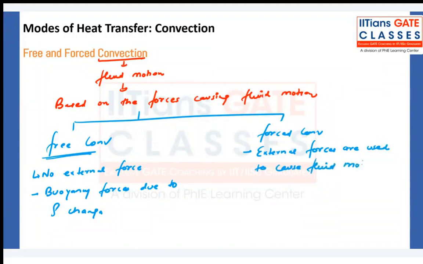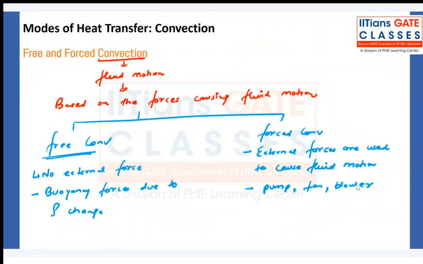What kind of external forces? You can apply a pump, a fan, or a blower. Okay, is it clear?